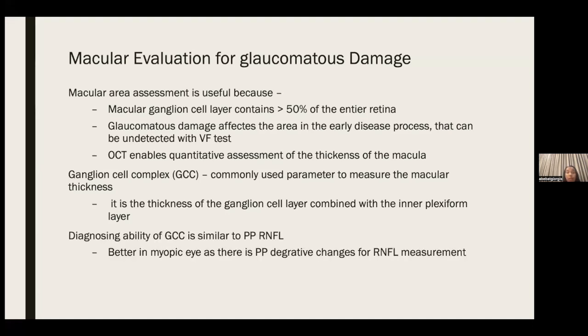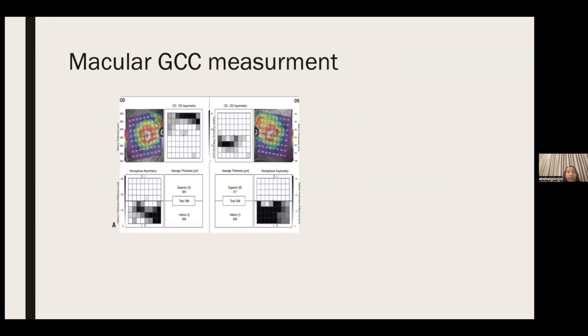The diagnostic ability of the ganglion cell complex is similar to peripapillary retinal nerve fiber layer thickness or defect measurement, and it's better in myopic eyes, as there is peripapillary degenerative change affecting measurement of the retinal nerve fiber layer. So here we have an example of macular ganglion cell complex measurement.